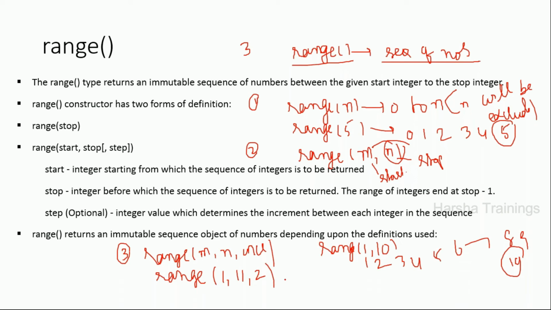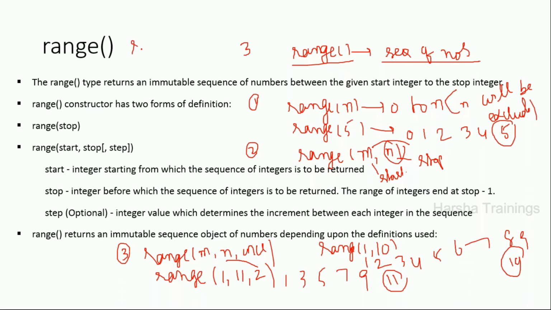It will start with 1, and I always increment by 2. 1 plus 2 is 3, 3 plus 2 is 5, 5 plus 2 is 7, 7 plus 2 is 9. After 9, I will get 11, so 11 will not be considered here. Is it okay? If it is okay, I'll give one more example.